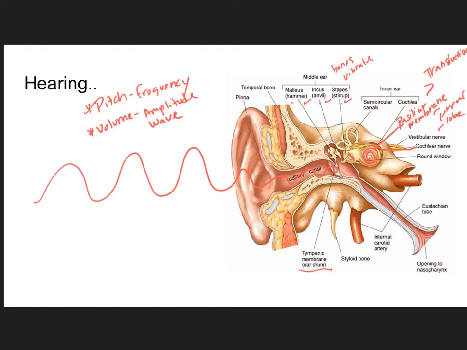One of the other cool things about hearing is how we determine location, or where sounds are coming from. The way that we're able to detect that is because the sound wave will hit one ear first.